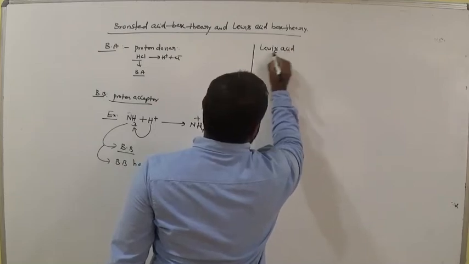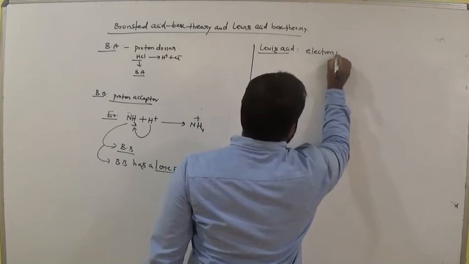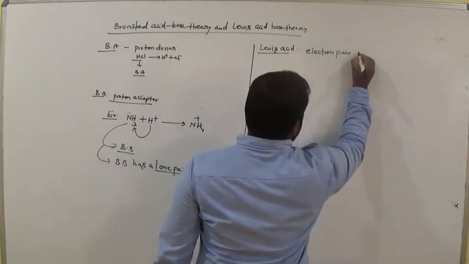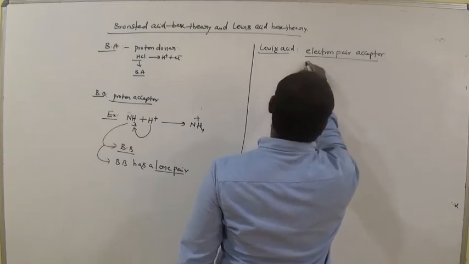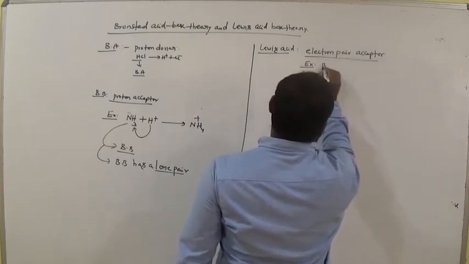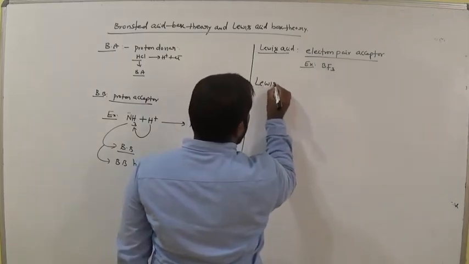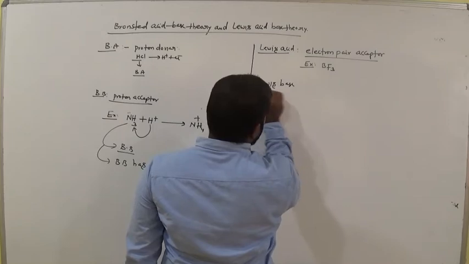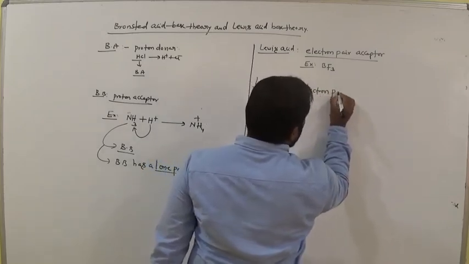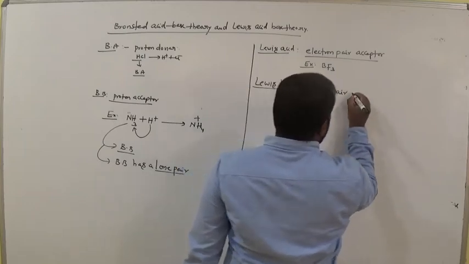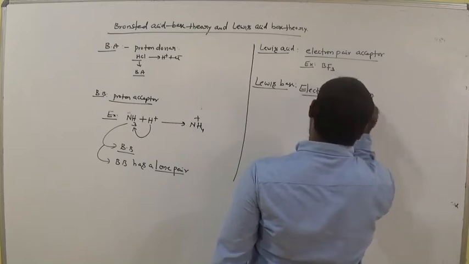What is a Lewis acid? An electron pair acceptor. Example, BF3. Is it clear? What about a Lewis base? An electron pair donor.